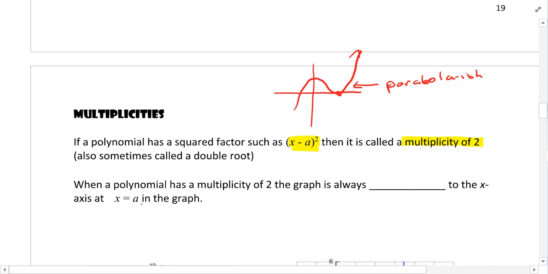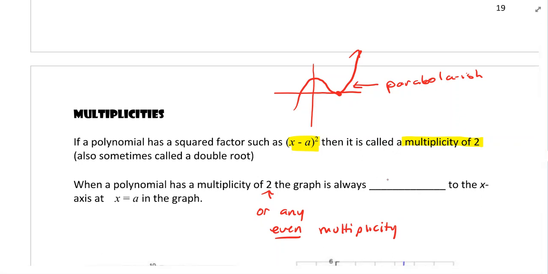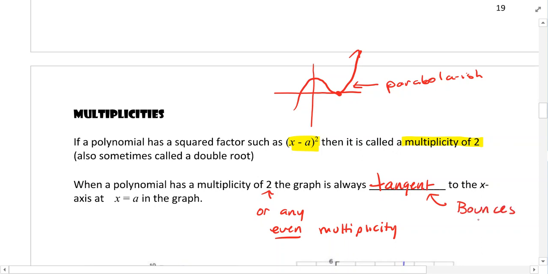So when a polynomial has a multiplicity of 2, and I'm going to add, for any even multiplicity, the graph is always, ready for this fancy word, tangent to the x-axis at x equals a. That means it bounces on the axis instead of going through it.